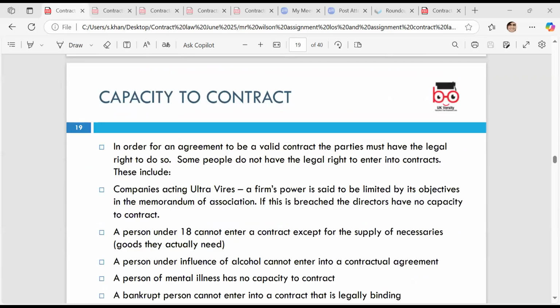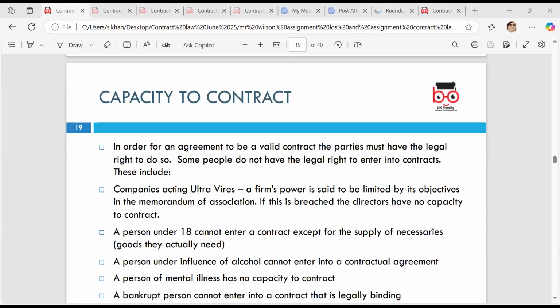Capacity to contract. This is where the parties have the capacity to enter into the contract. So if someone has capacity, what does that mean?